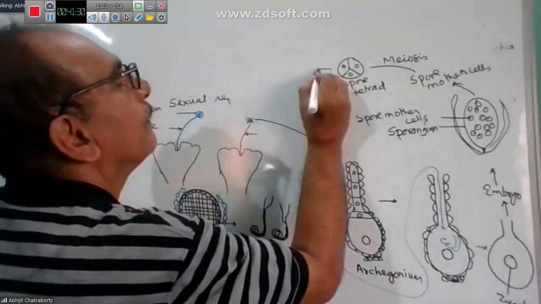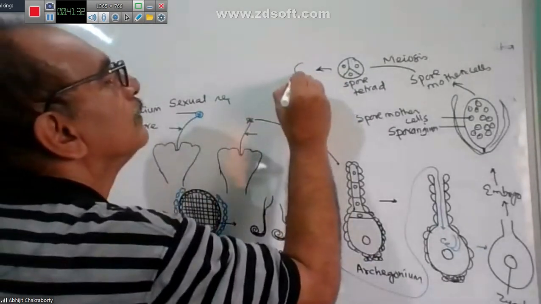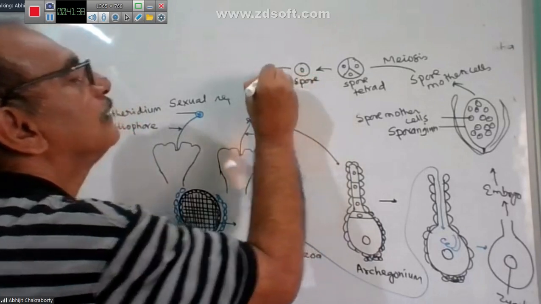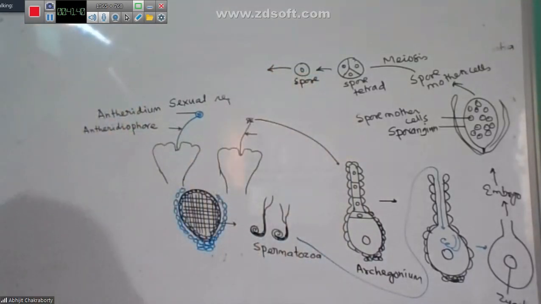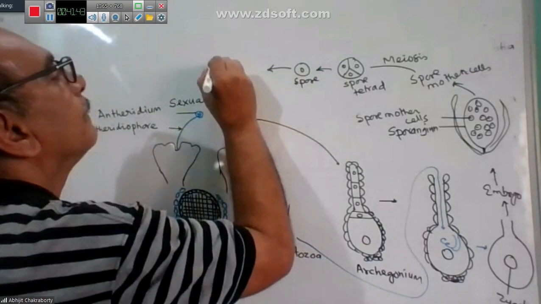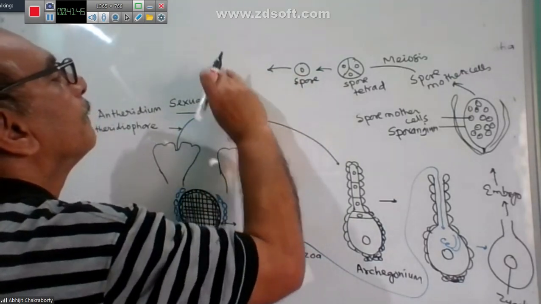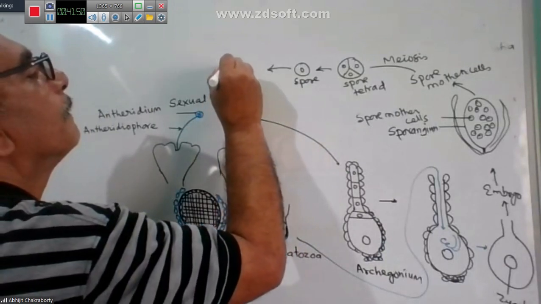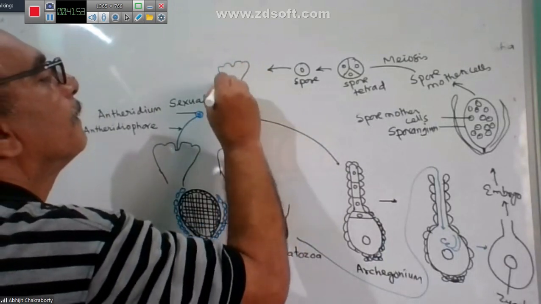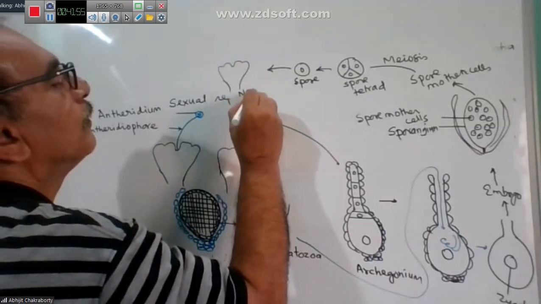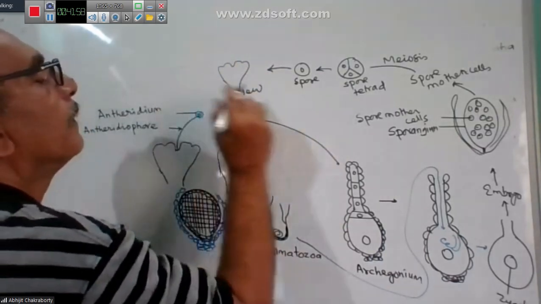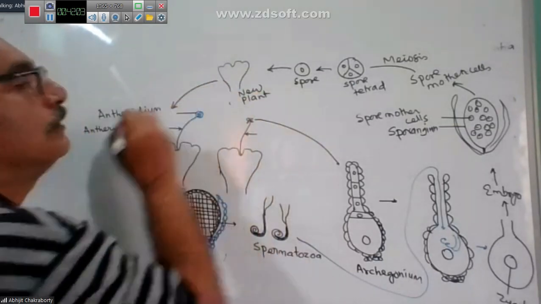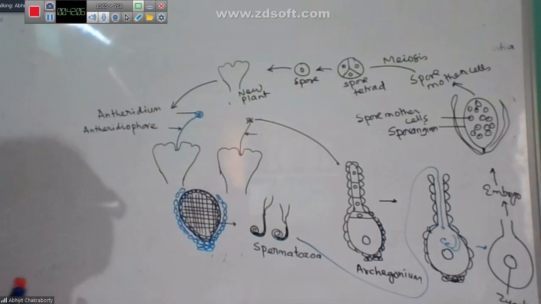Eventually, spores are liberated and germinate to form a new plant. Then again it matures. So this is what happens in sexual reproduction.